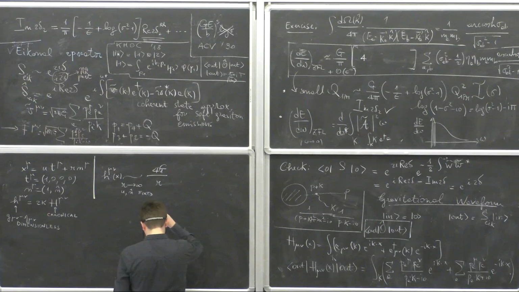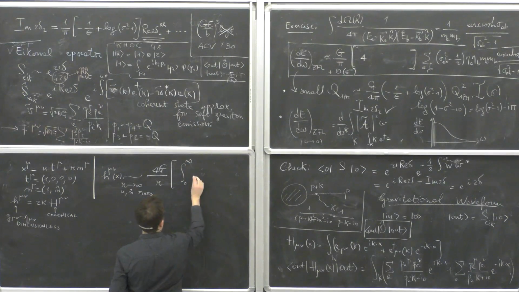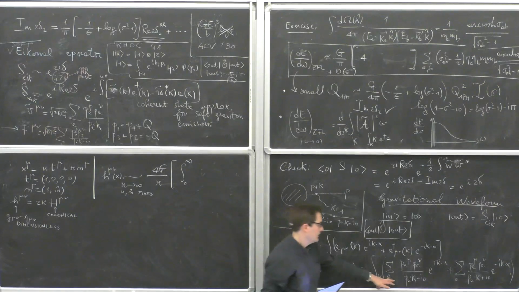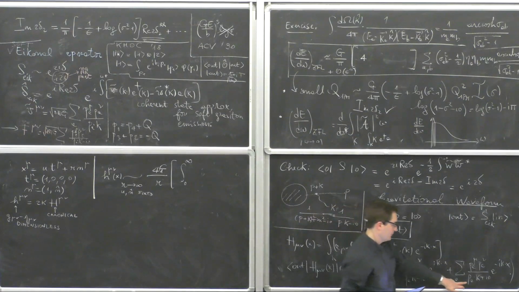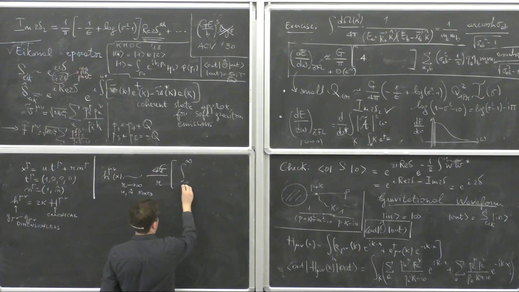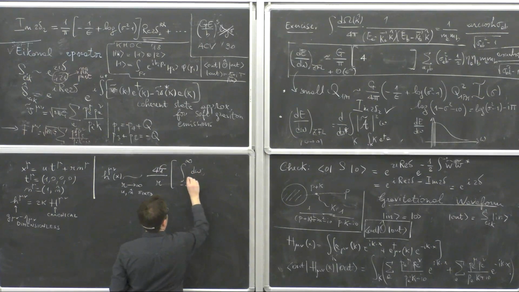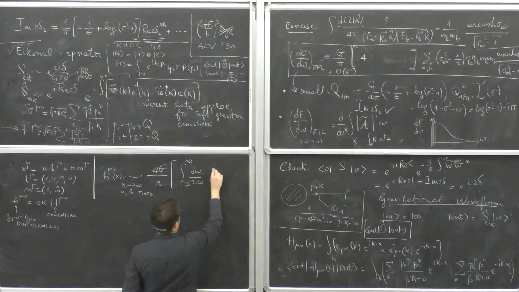The integral from, well, in principle there will be two integrals, one from 0 to infinity, which comes from this guy, and another from minus infinity to infinity from this guy, but you can check that they actually recombine into an integral from minus infinity to infinity, in this case, of our Weinberg factor.